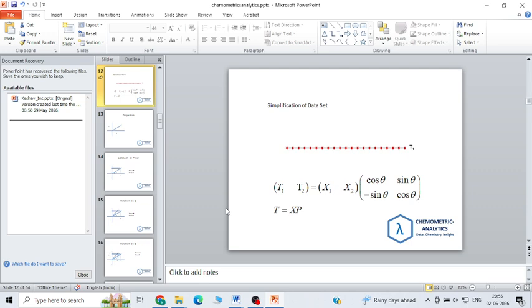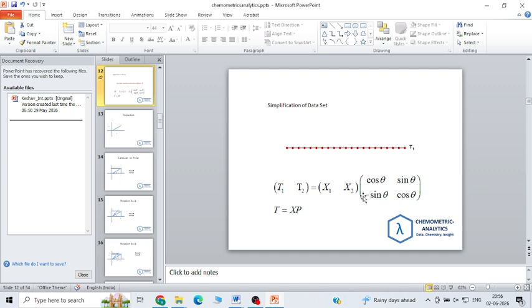Towards the end, we saw that we projected our data in an orthogonal space where the original space and the rotated space are related to each other through this relation.